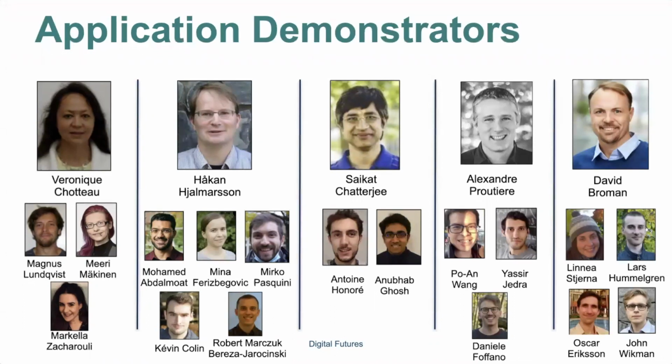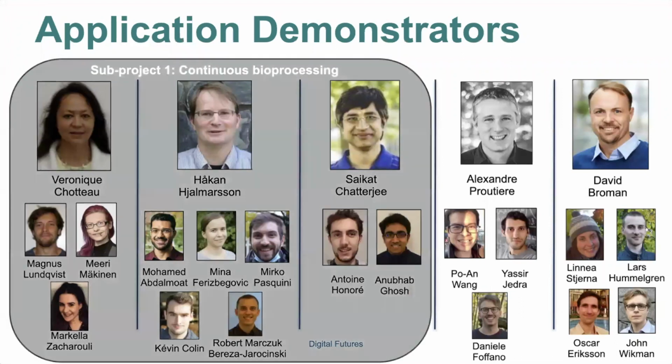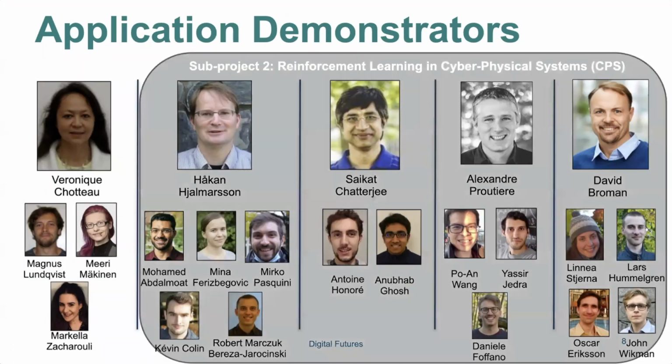And to be able to do this, we divide our main project into three sub-projects where different PIs collaborate. The first sub-project is about continuous bioprocessing, where Véronique, Håkan, and Saikat are involved. And the second project is about reinforcement learning on cyber-physical systems, where Håkan, Saikat, Alexandre, and myself are involved.